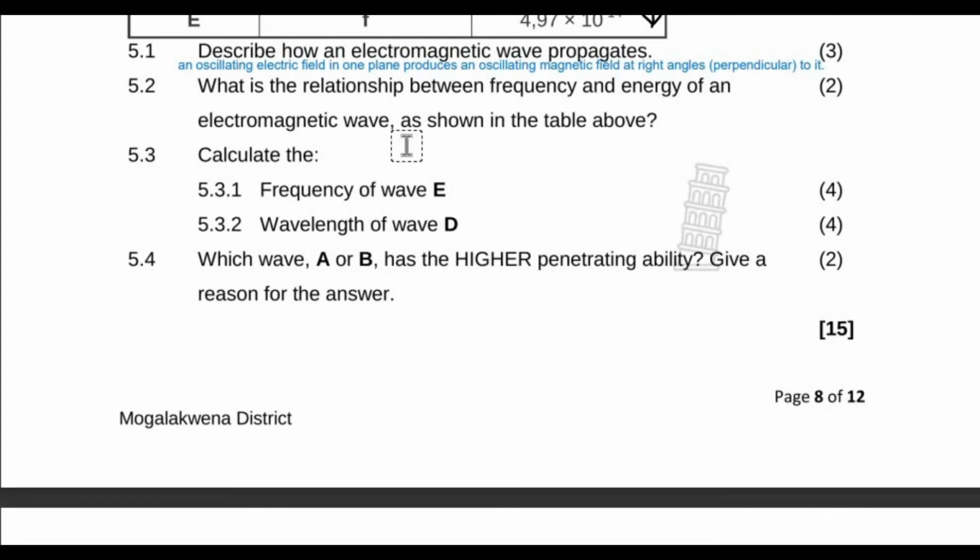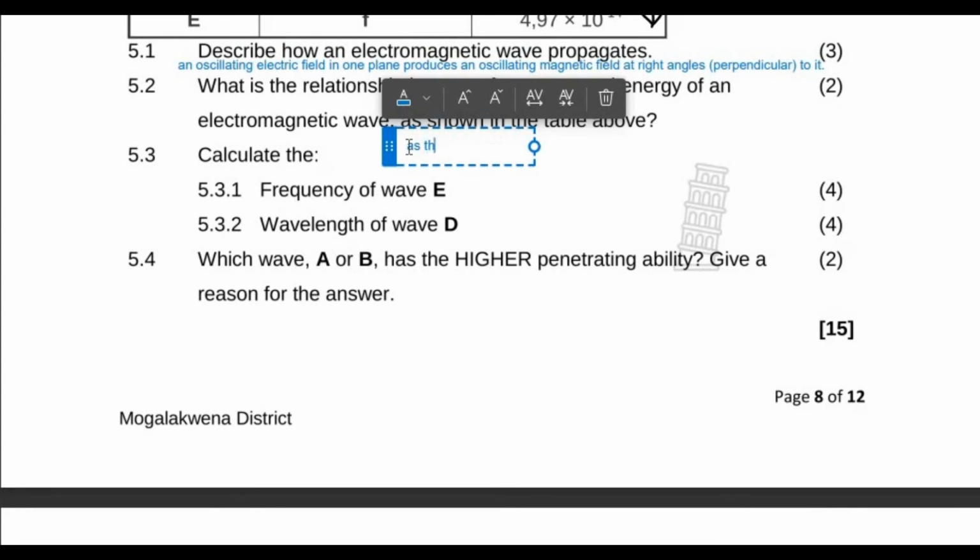As the frequency of the electromagnetic wave increases, the energy increases.